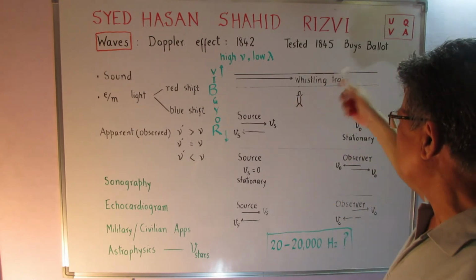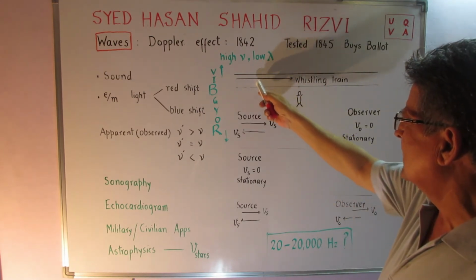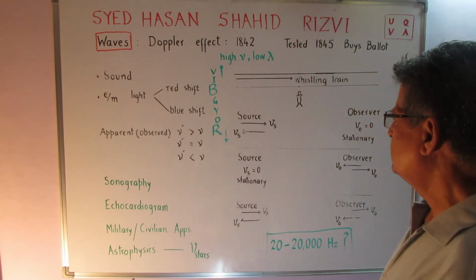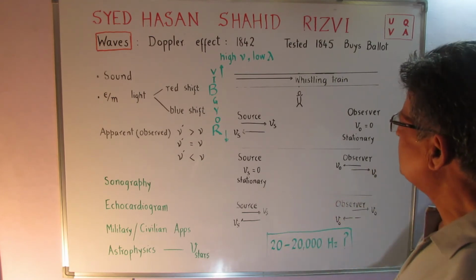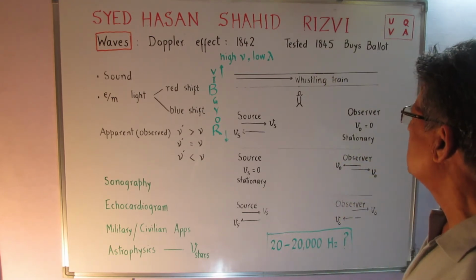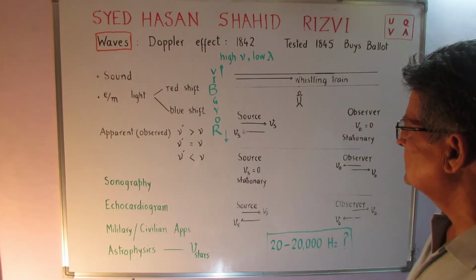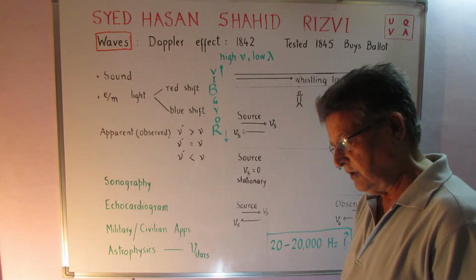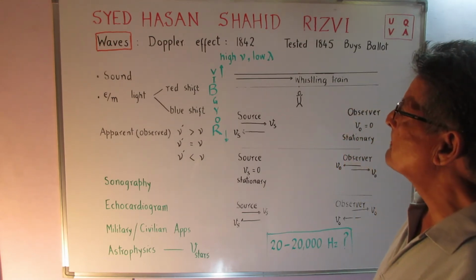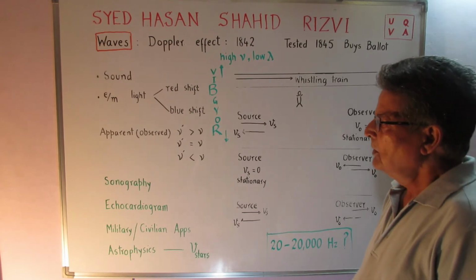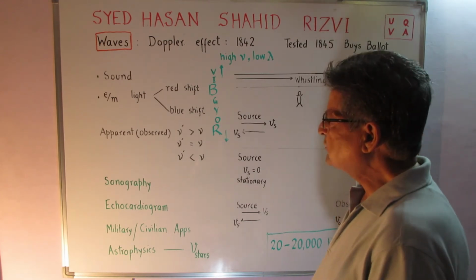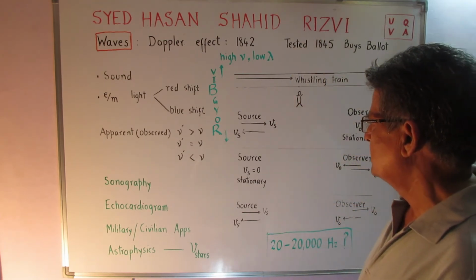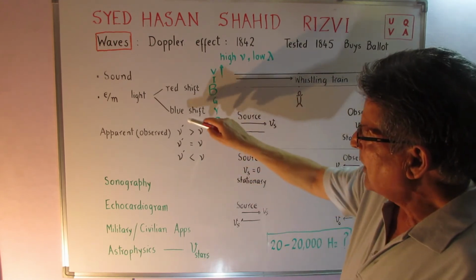So in between lies the whistling frequency, and also the car of the rail has a frequency which lies in between. And it's very easy for you, friends, to observe that there is a change in the frequency. So there is an actual frequency of the whistle, of the source, and there is an observed frequency.